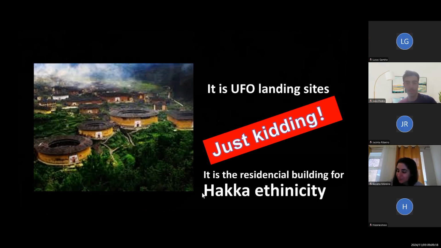Hakka ethnicity is a minority of the people living there, and rumor says that I am one of the descendants of the Hakka as well, and we speak a different language. It's not exactly a language, but I would say a dialect, which is totally different from Mandarin. So it's pretty unique as a culture standing alone in this region.